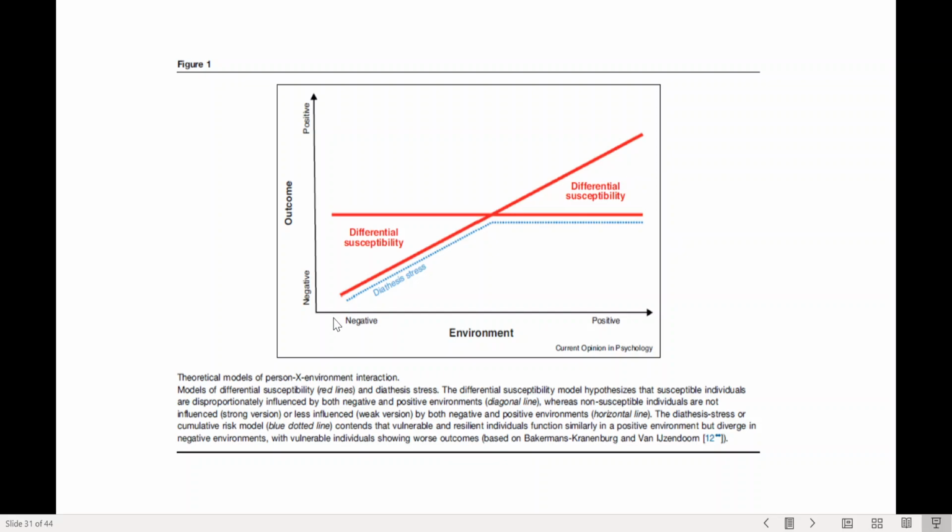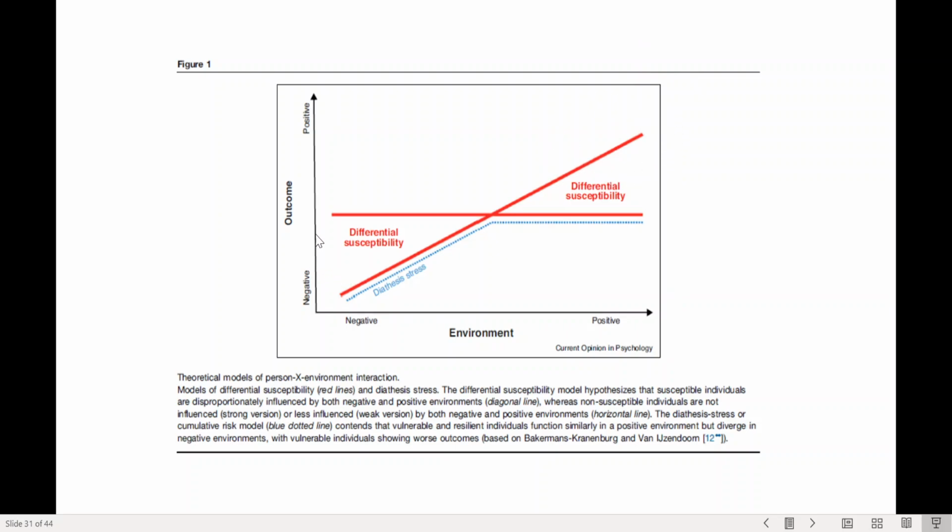The differential susceptibility idea is that those individuals with these quote unquote risk factors, if placed in a supportive positive environment, will actually show more positive outcomes.